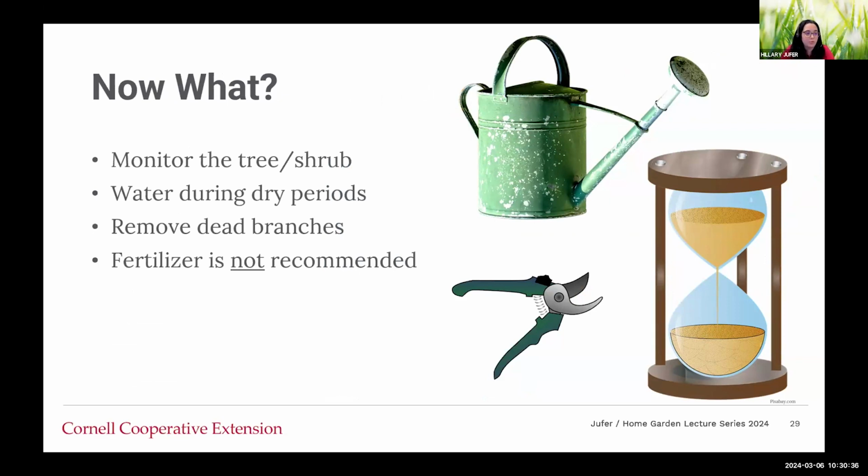You're going to want to remove dead branches at any point because you don't want to have them be hazardous. And for this, again, fertilizer is not recommended. Get a soil test, see if it's needed, but in this instance, fertilizing won't make it better.